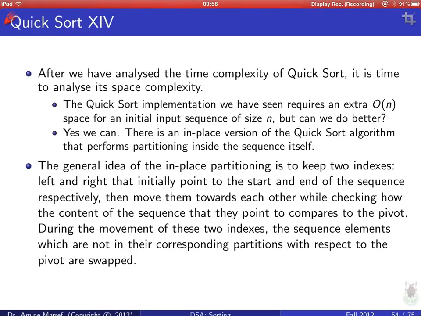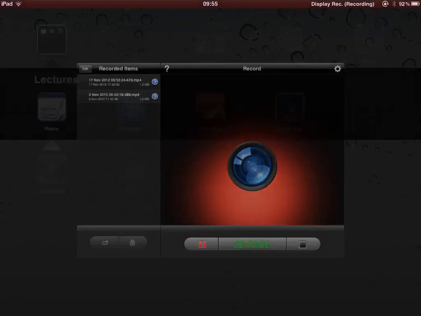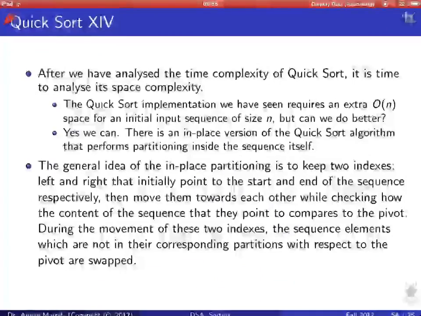However, after that, we are still stuck with the problem of space. Quicksort still requires extra big O of n space, and that's due to the partitioning: we scan through the sequence that we want to sort, and depending on where the pivot is, we put some elements in a left sequence, some elements in the middle sequence, and some elements in the right sequence.